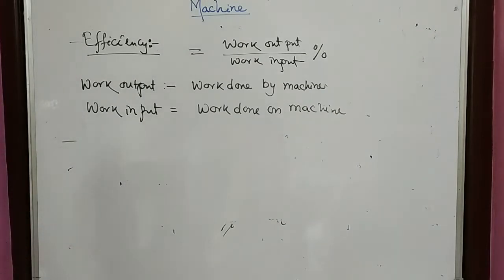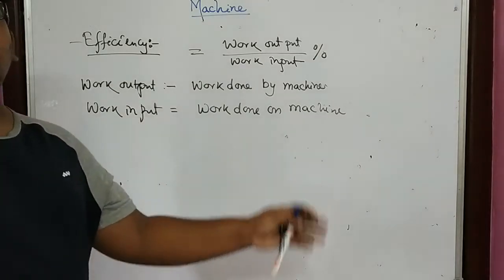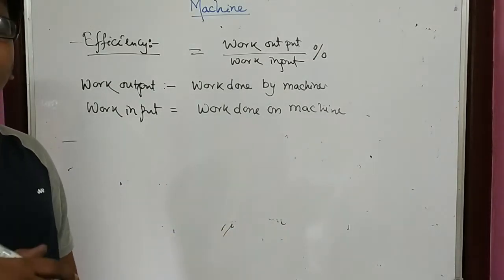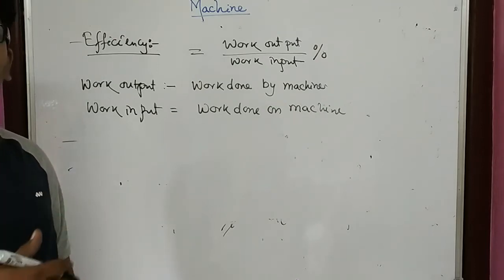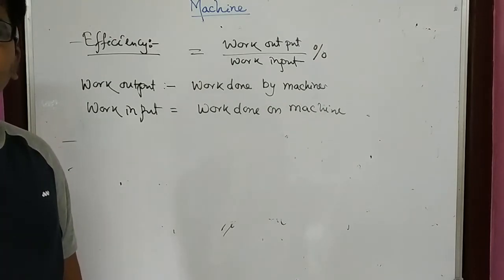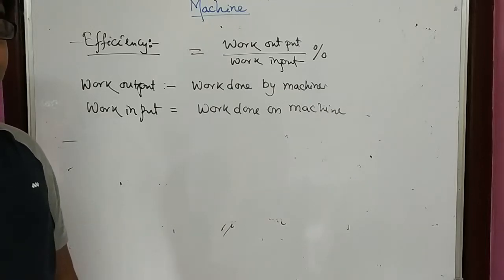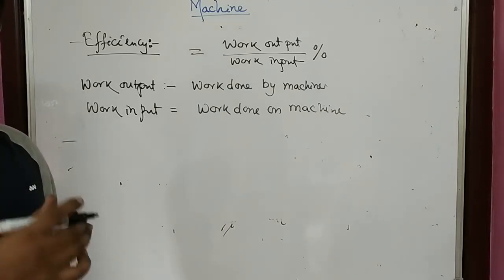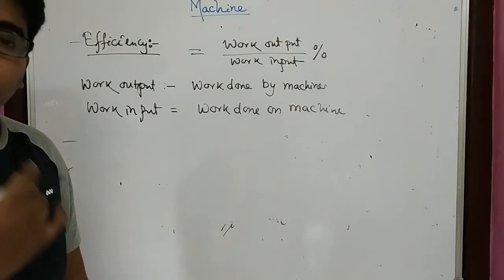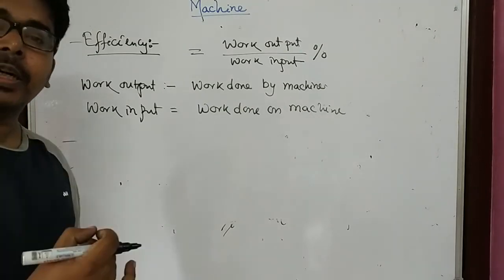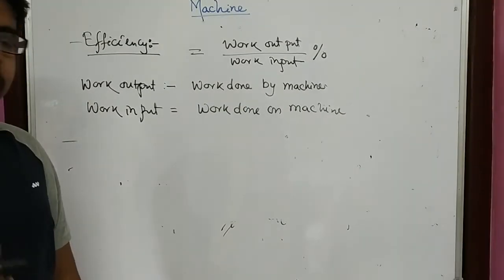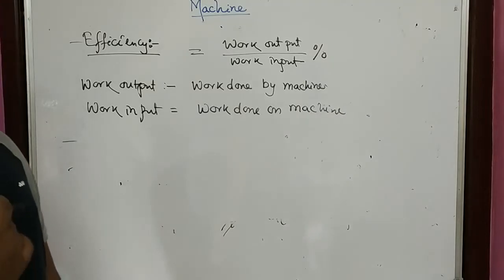Here, how much work we have got from the machine and how much work you have done on the machine. In other words, whenever we talk about work input, it is how we have done work. When we apply effort on a machine, some work is done by us.